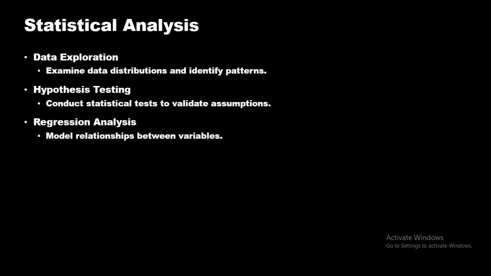All right, so moving on to statistical analysis. Statistical analysis is another phase of machine learning. You basically explore data, find out trends within data, find out patterns. Then from there, you can create tests.